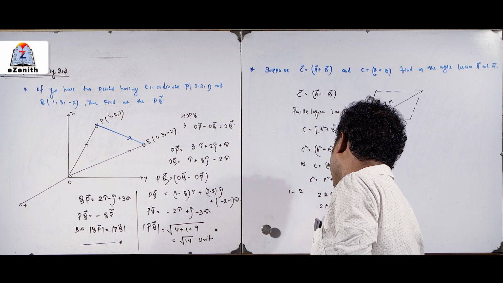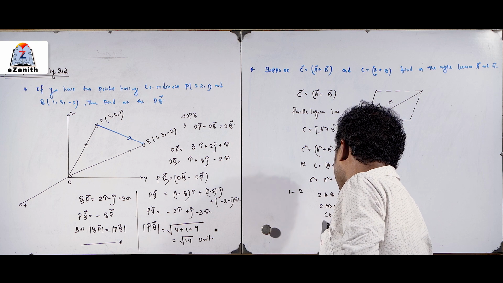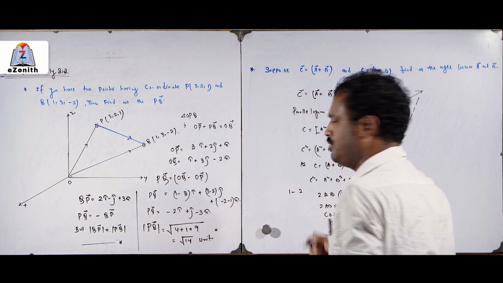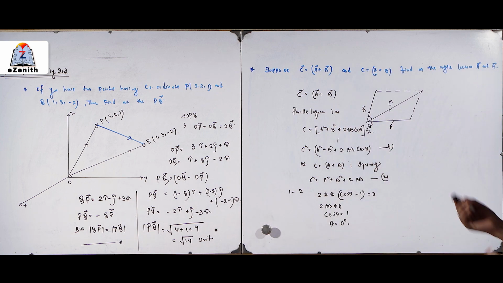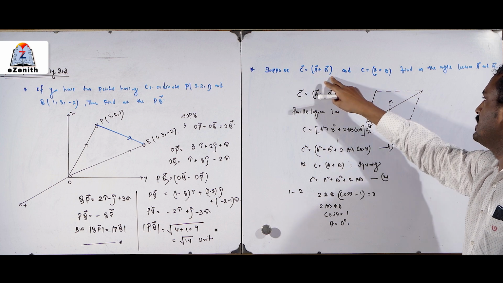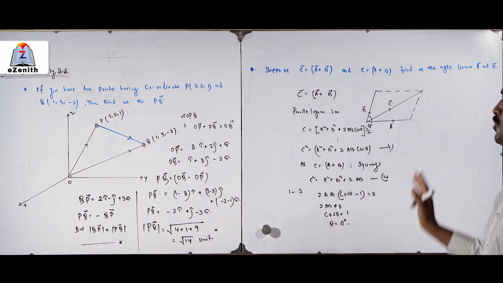As 2AB is not equal to 0, so cos theta equals 1, so theta equals 0 degree. The general value will be different, but very simply it is 0 degree. That is, when two vectors are in the same direction, then the resultant vector magnitude is the sum of the magnitudes.